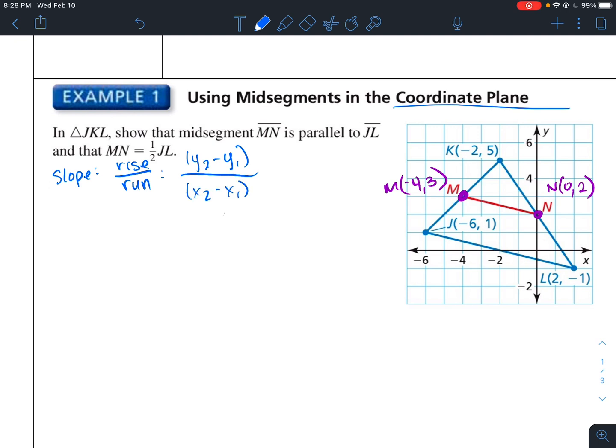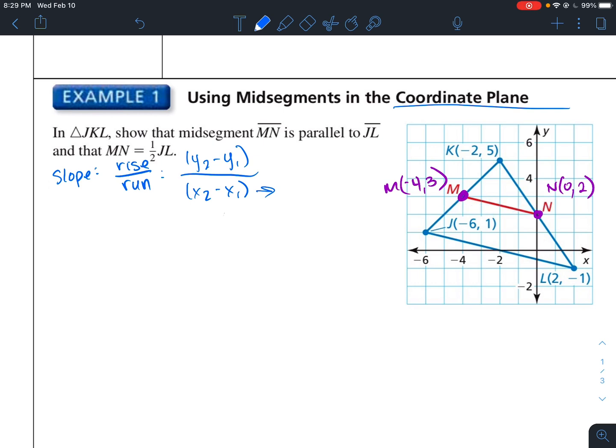So rise means the difference between the heights of these two points. That's why we subtract, because if you want to find the difference, you subtract two things. So we're finding the height between these two points, and then the run means the width between these two points. So the rise and the run.